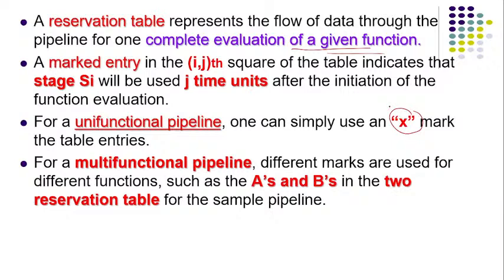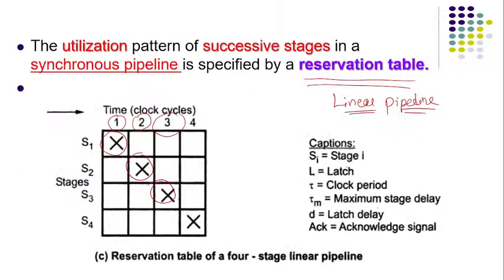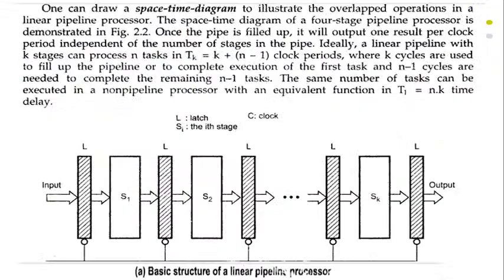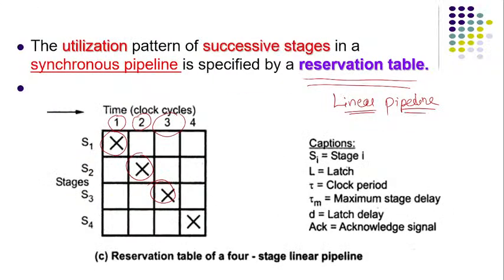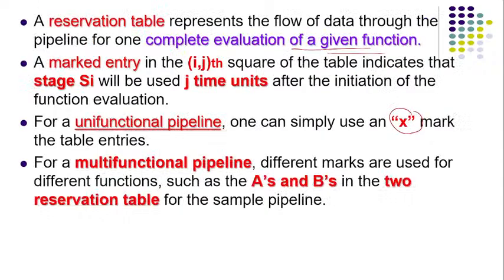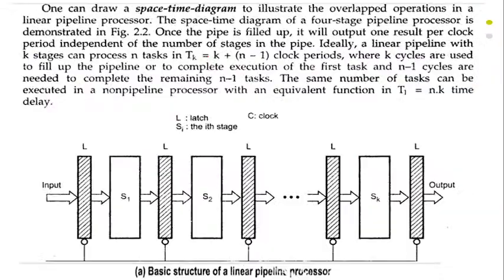For a multifunctional pipeline, we represent it in a different way, using marks like A, B. It is just a representation of how the stages are resolved.